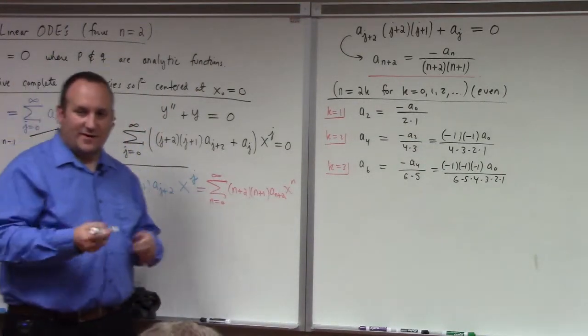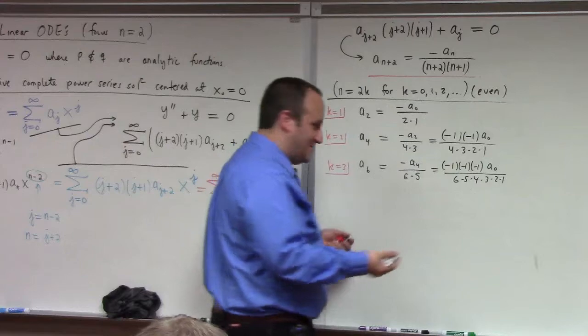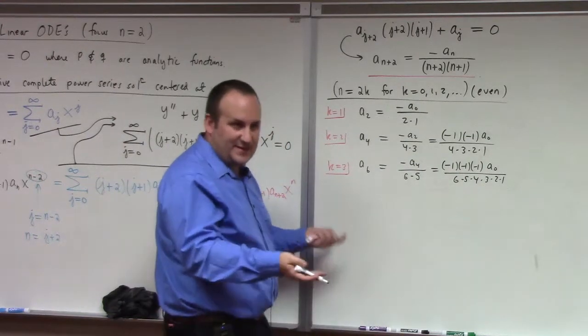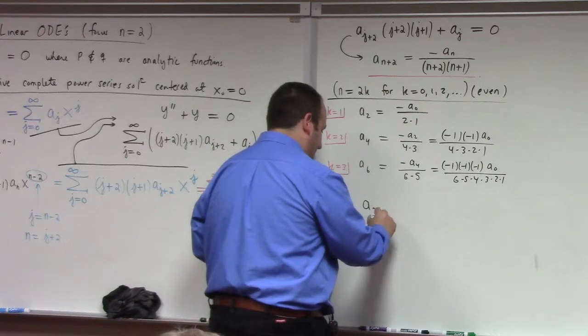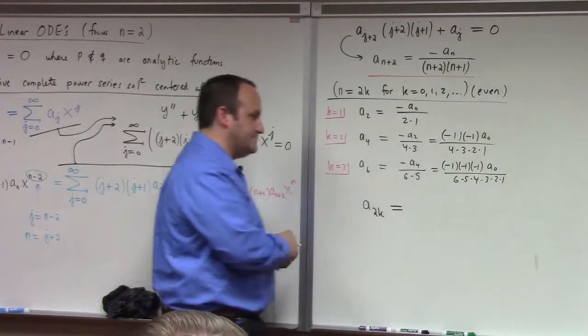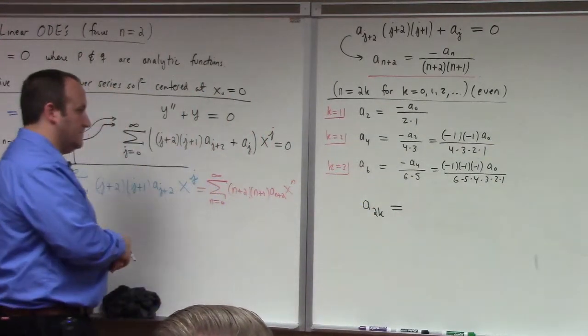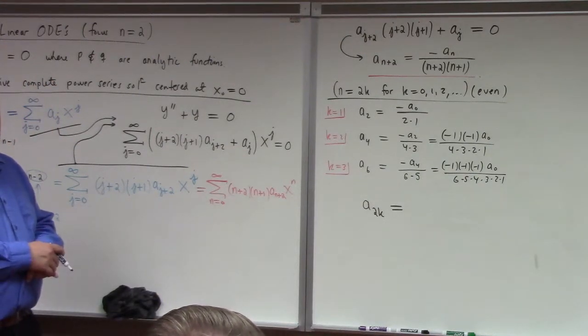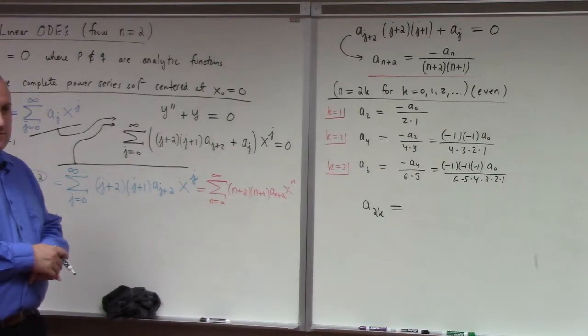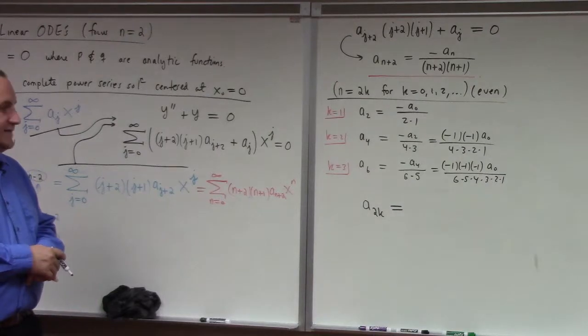But this is not that kind of class, so we just try to find a pattern and then claim it. Right? So a sub 2k is what? It's going minus, plus, minus, plus, minus, plus. There's an alternation to the sign of the coefficient, right? How do you get that in terms of k?